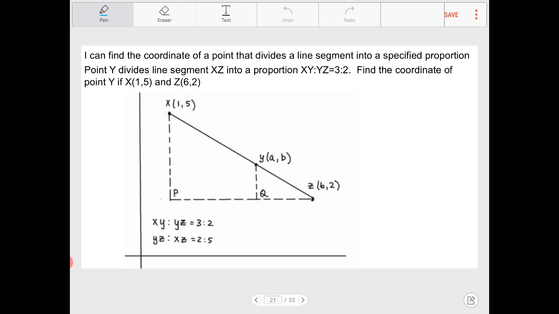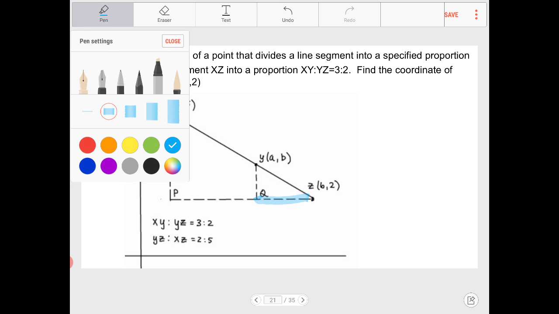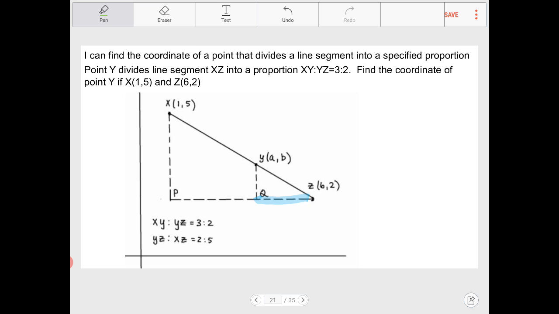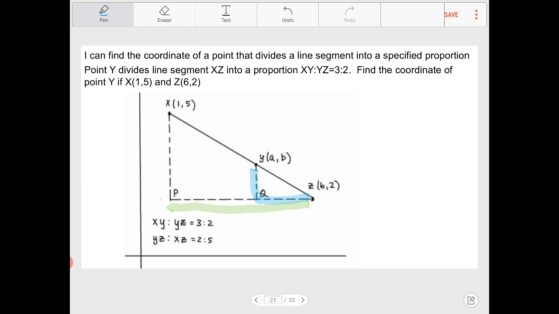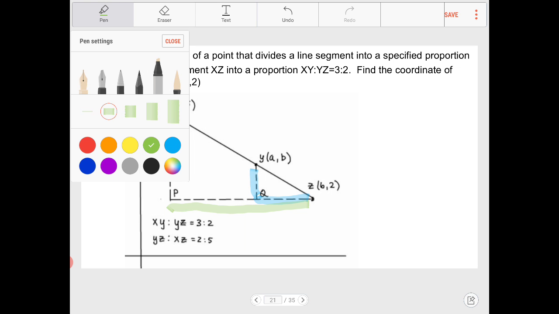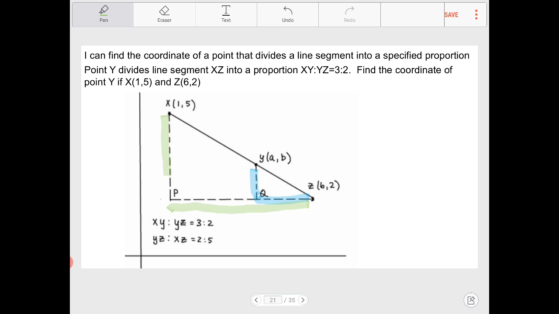So if that's the case, then all the proportional parts, the smaller leg compared to the longer leg, will have a proportional part of 2/5. The other shorter leg compared to the longer leg will again have a proportional constant of 2/5.